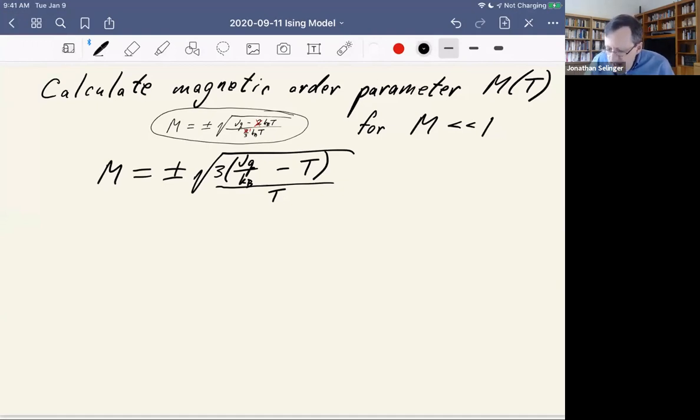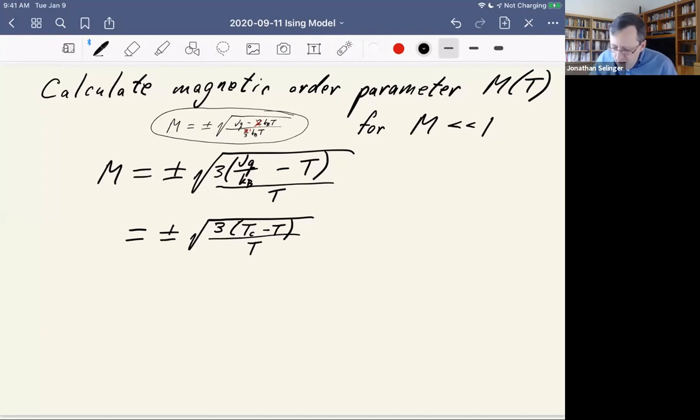Now, this combination right here is the critical temperature that we calculated on Wednesday. So this expression is equal to plus or minus the square root of 3 times Tc minus T divided by T.